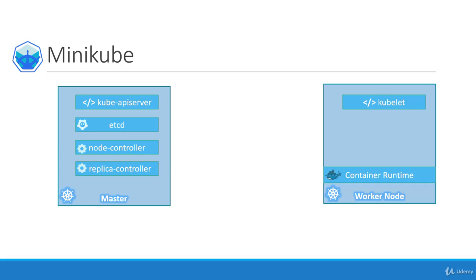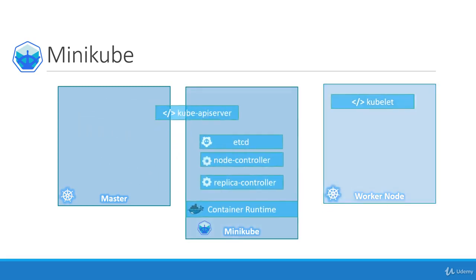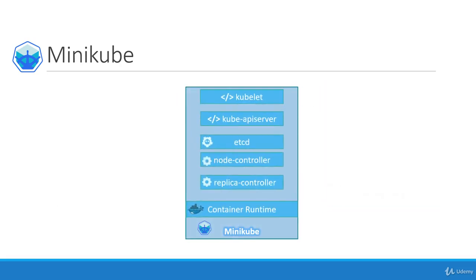Minikube bundles all of these different components into a single image, providing us a pre-configured single-node Kubernetes cluster so we can get started in a matter of minutes. The whole bundle is packaged into an ISO image and is available online for download.